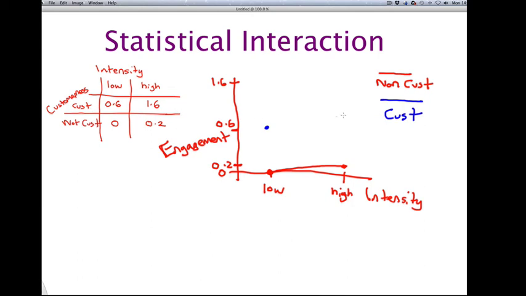For high intensity it is 1.6. So we're here. Drawing those points up, slightly wonky line. And now this time notice that the two lines are not parallel. And that indicates to me that there is a statistical interaction between being a customer and level of intensity of social media use.